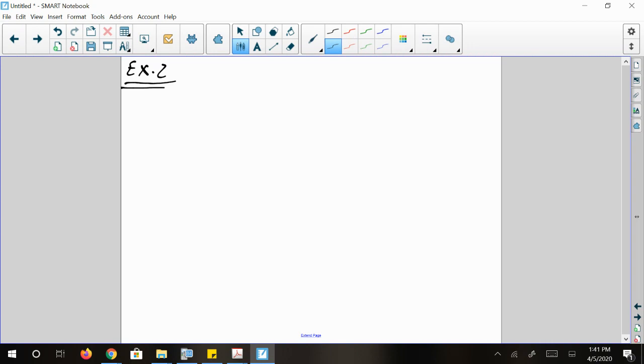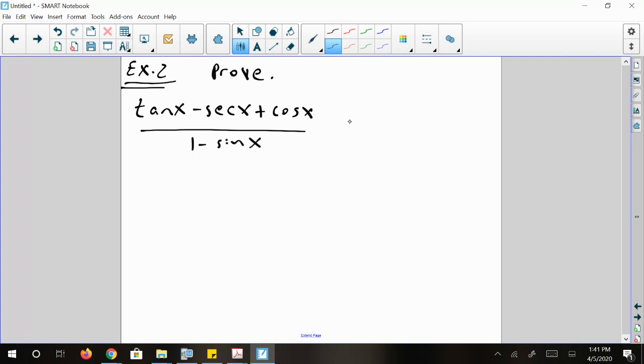This is definitely one of the most difficult ones that we've seen thus far. See if you can follow along, and you'll have a chance to try some of this difficulty level on the assignment for these couple days. So here's what we've got: tangent of x minus secant of x plus cosine of x, all divided by 1 minus sine of x, is all equal to tangent of x, okay?